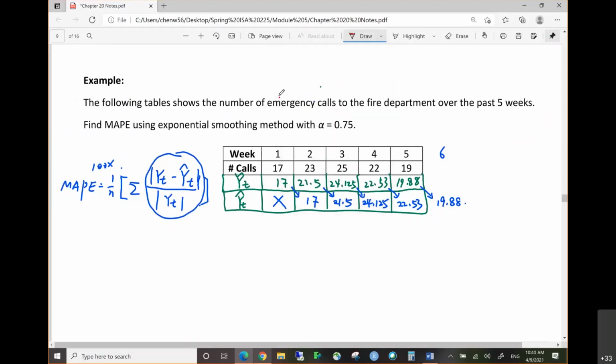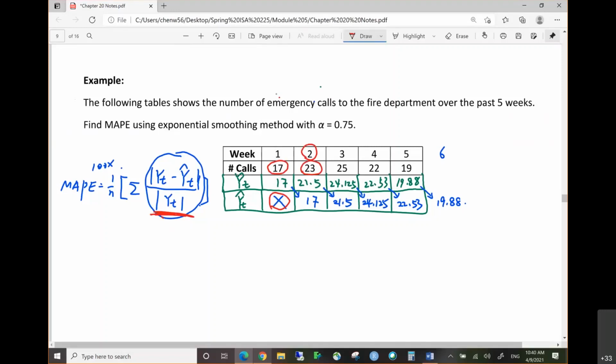Now think about week 1. What is the Yt, the observed value? It will be 17. And the predicted value is not available. That means for week 1, we do not have this term. Then for week 2, what is the observed value? 23.